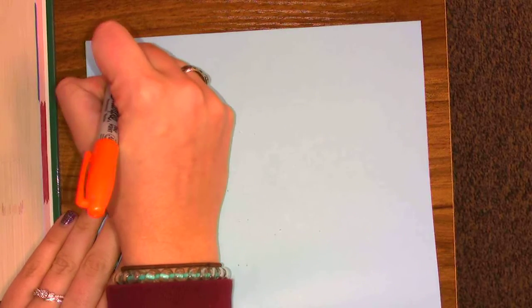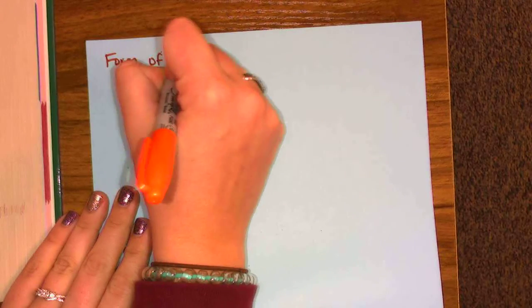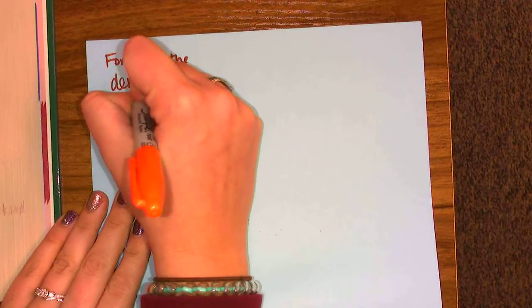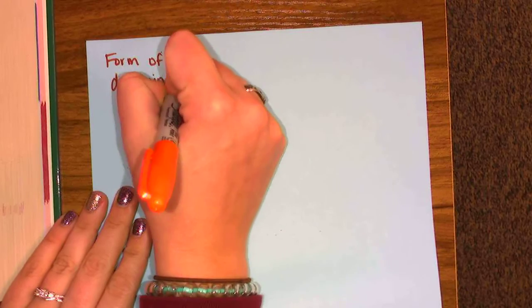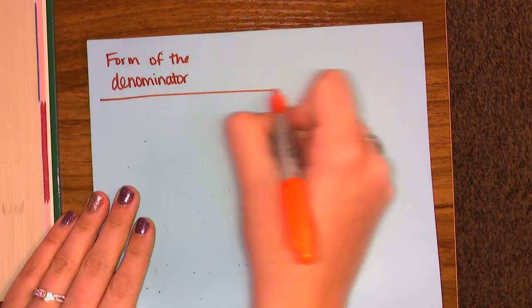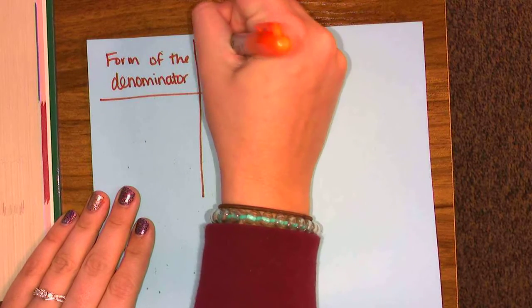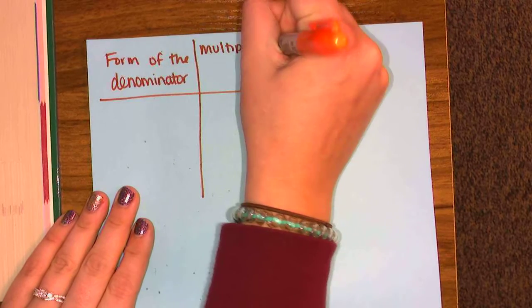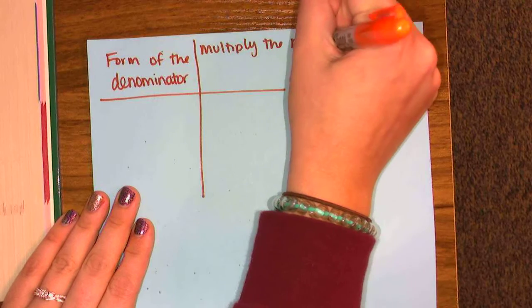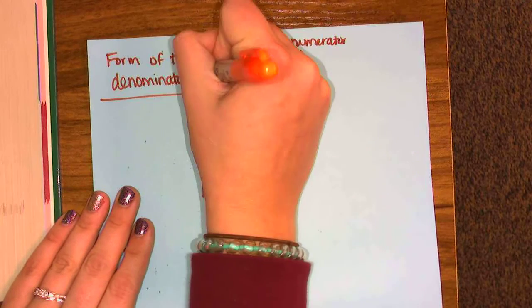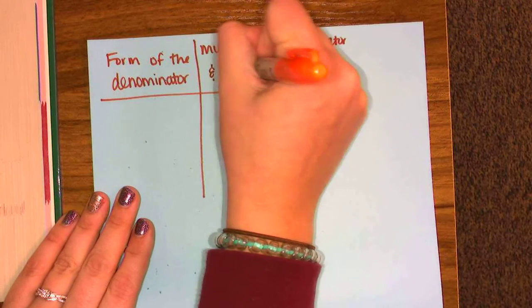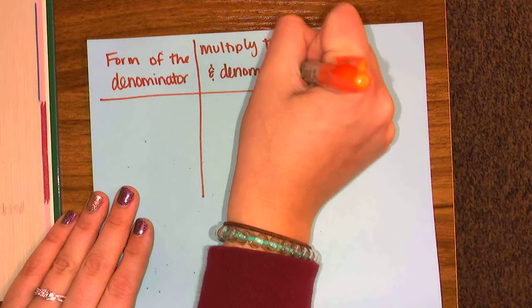So, we're going to make a little table. So the form of the denominator, and multiply the numerator and denominator by whatever's in this column.